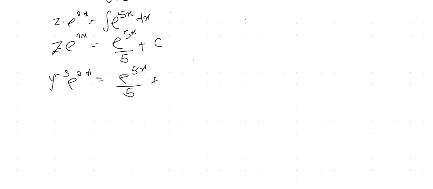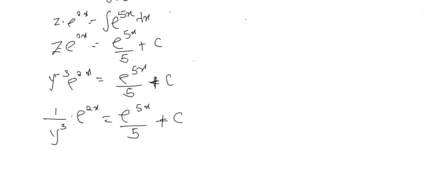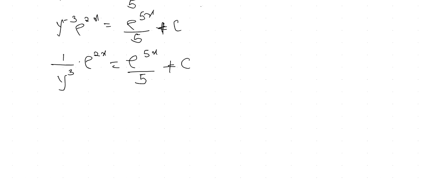That is 1 over y raised to the power of 3 multiplied by e raised to the power of 2x, equal to e raised to the power of 5x over 5 plus c. Then we have e raised to the power of 2x over y raised to the power of 3 equal to e raised to the power of 5x over 5 plus c.